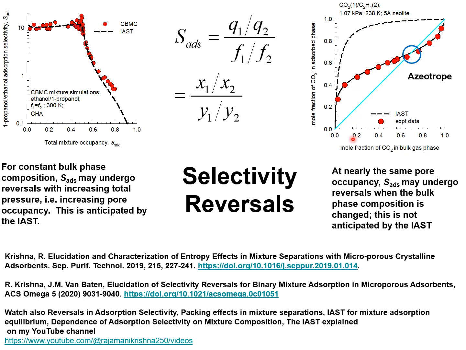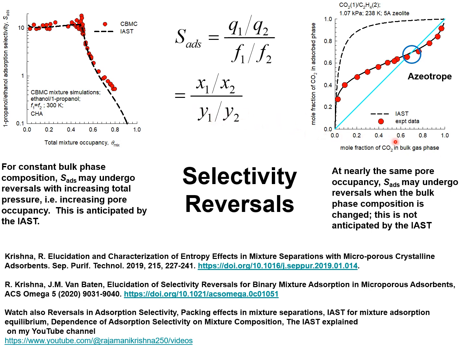The bulk fluid phase mixture composition is changed, and we plot here the mole fraction of CO2, which is component 1, in the adsorbed phase, that is X1, as a function of mole fraction of CO2 in the bulk gas phase mixture, which is Y1.